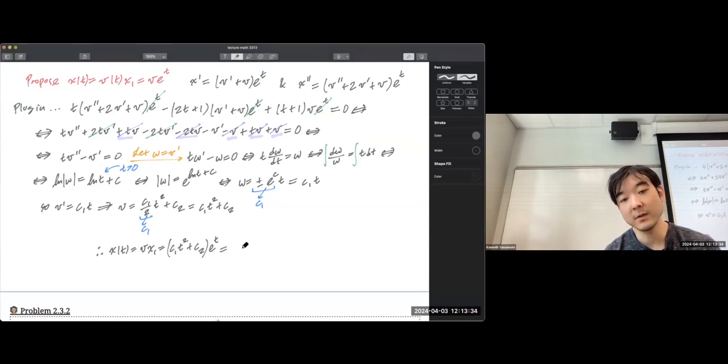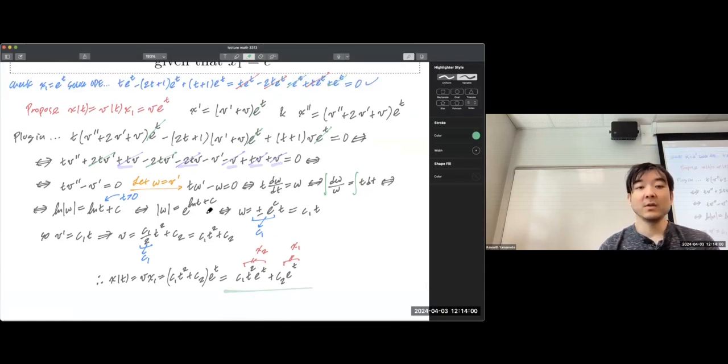So you can say this is c1 t squared e to the t plus c2 e to the t. This was like the homogeneous solution that was given. And this turns out to be the other homogeneous solution. It's just, I guess, the same one, but multiplied by t squared.